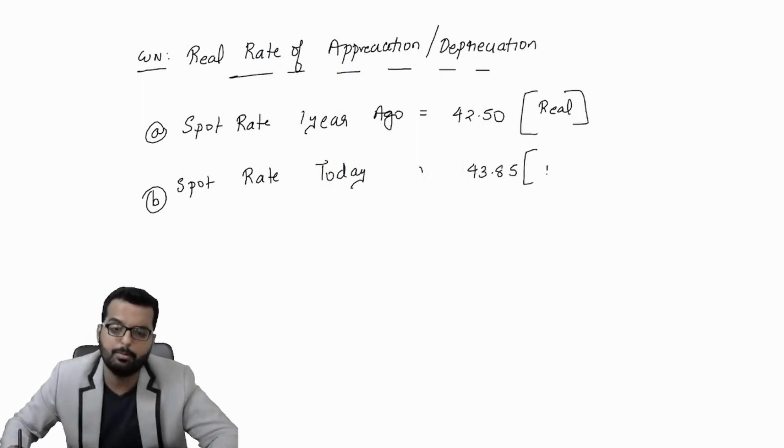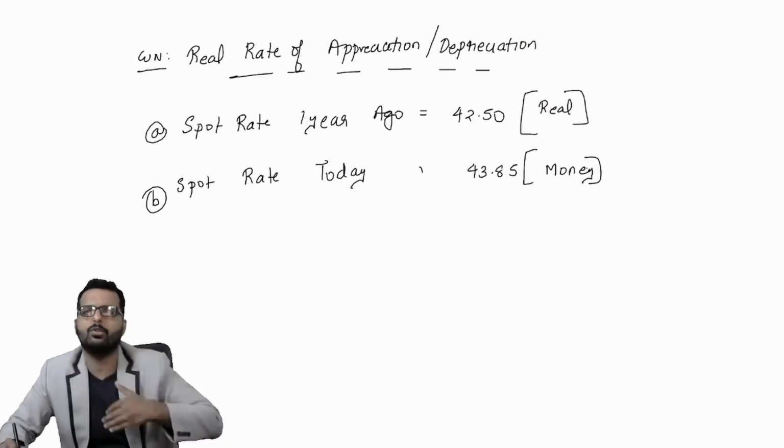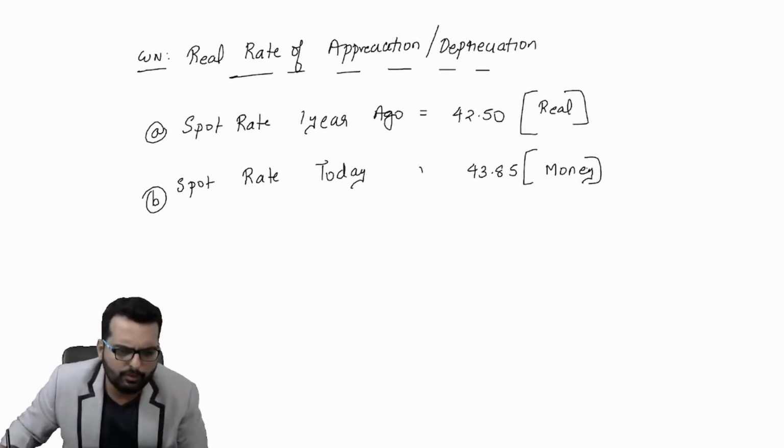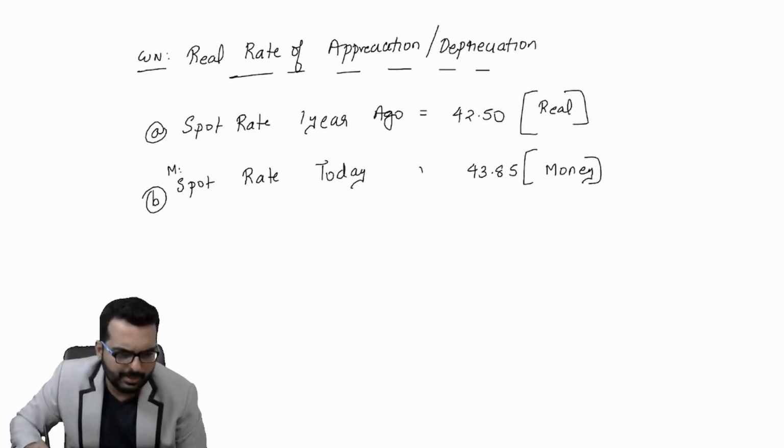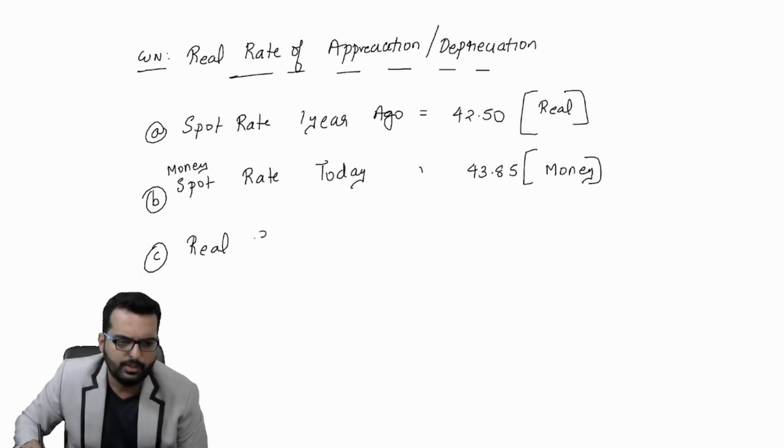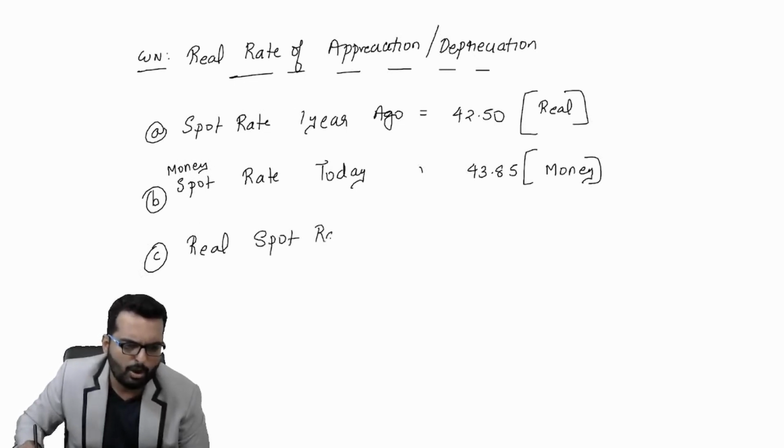This one is what, real or money? This will be money because there will be an inflation effect also coming on to this. So now what we have to do, we have to find out, this is the money spot rate today. We need to find out the real spot rate today.